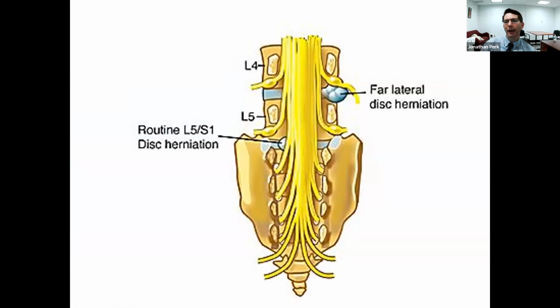Now, if a patient comes in with a neurologic deficit, you always want to make sure that you're able to localize that deficit, because that will be the prerequisite for you to be able to help the patient.